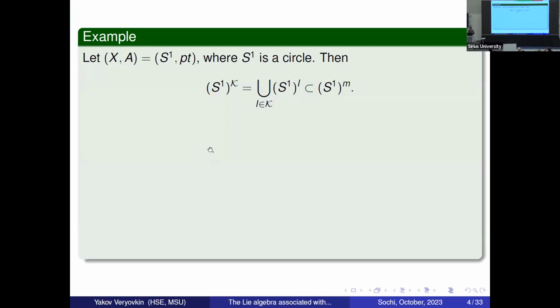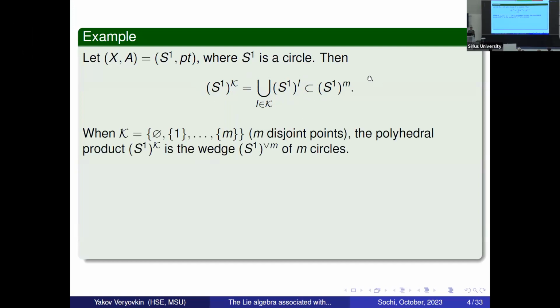Let us have an example. Let (X, A) be a circle with a point. Then S^1 K is the union like this, and this lies in the m-torus. For K being m disjoint points, the polyhedral product of the circle is the wedge of m circles.